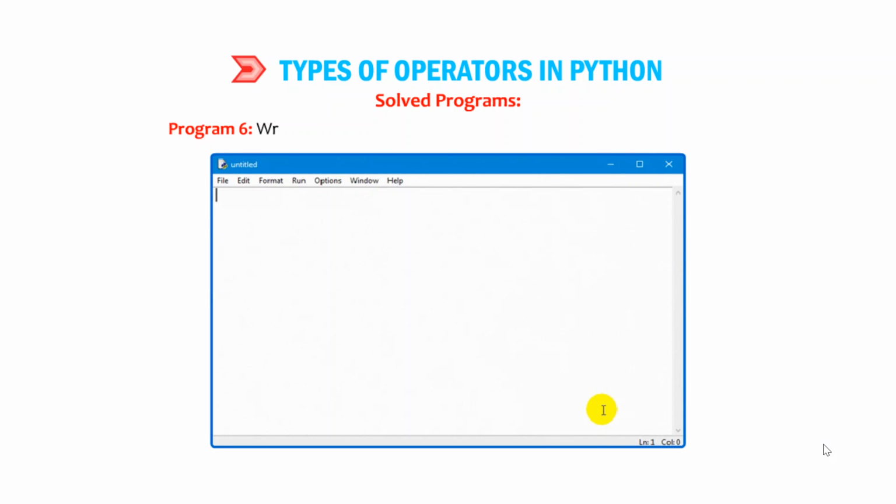Program 6. Write a program to print the string entered by the user 5 times.